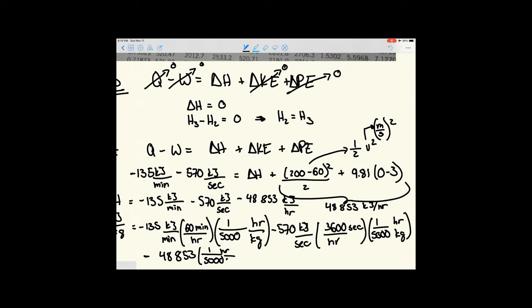Where this last one is in kilojoules per hour, as mentioned earlier.